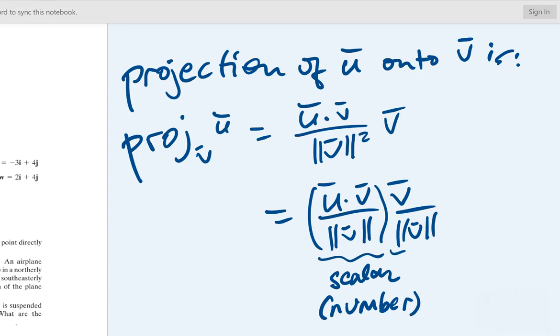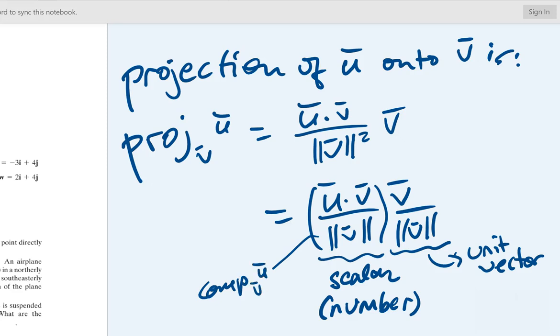And then this piece is just a unit vector. It's the unit vector in the direction of v that has length 1. Sometimes they call this the component of u onto v. So it's the scalar projection of u onto v.